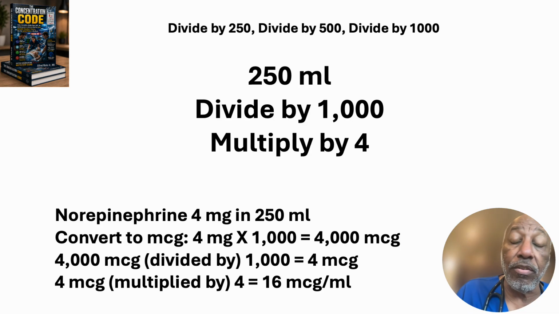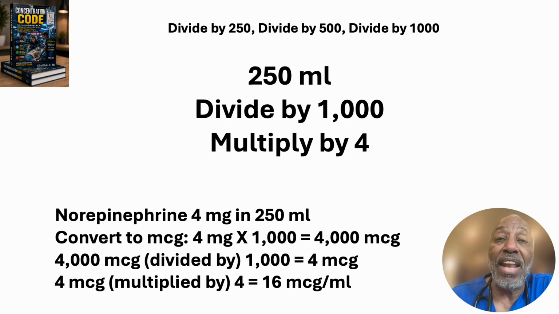Let's start with 250 milliliters because it's the most common bag volume for vasopressors and antiarrhythmics in the critical care setting. Dividing by 250 sounds harder than it is. The trick is to recognize that 250 is the same as 1,000 divided by 4.